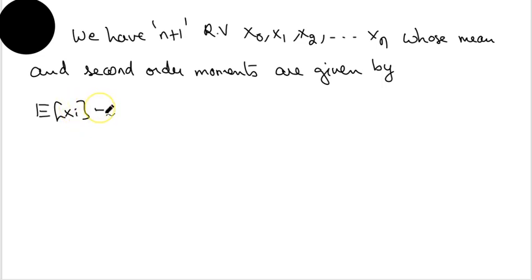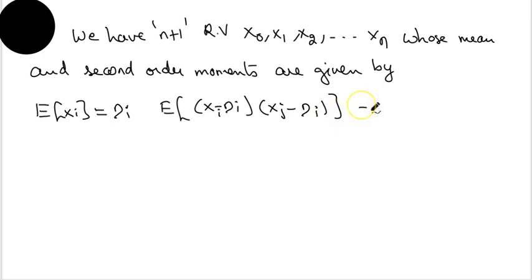E of xi will be denoted as eta i, and E of (xi minus eta i) into (xj minus eta j) will be represented by mu ij for all i, j running from 0 to n. Let us take this as equation number 1.